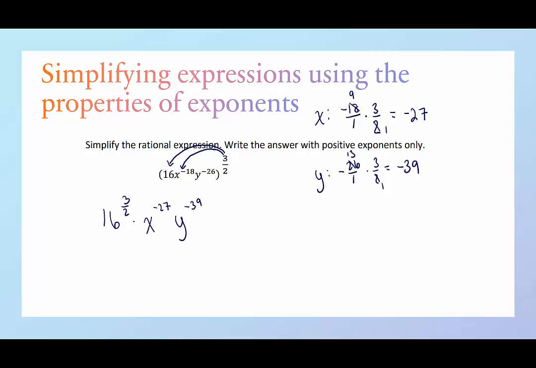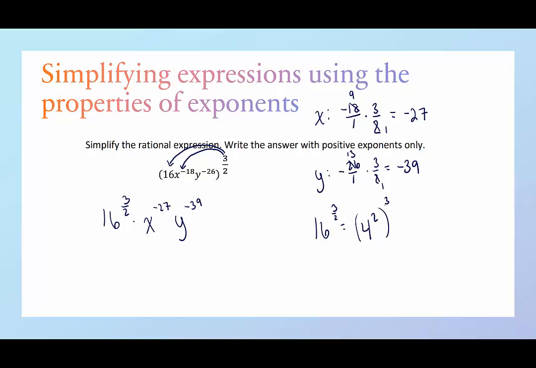Let's look at that now. Generally, when we see a question like this where we have a fractional exponent, the base that we're given, in this case 16, should be a perfect power of whatever this denominator is. So we assume, or we think, or we hope that 16 is a perfect square. And it is. It's 4 squared. So we're going to rewrite 16 as 4 squared.